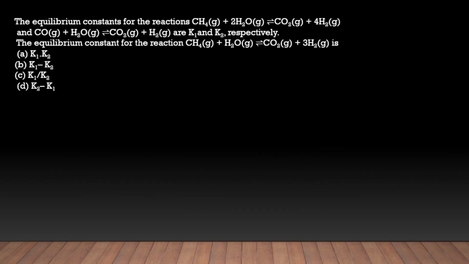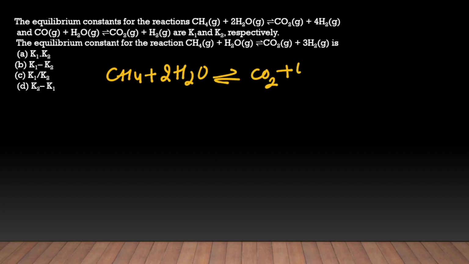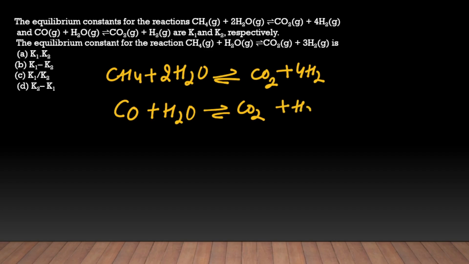This question says the equilibrium constant for a reaction which is methane plus 2 water giving you CO2 plus H2. So CH4 plus 2 water is in equilibrium with CO2 plus 4 hydrogen, and the other is CO plus water, which is in equilibrium with CO2 plus hydrogen.